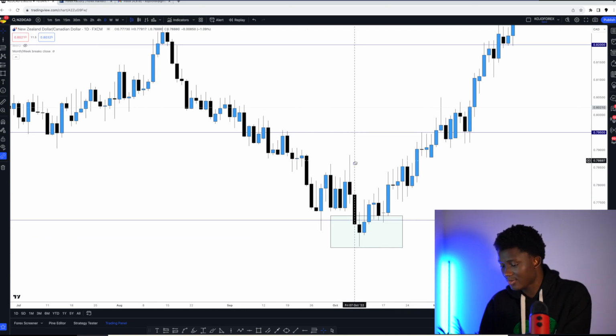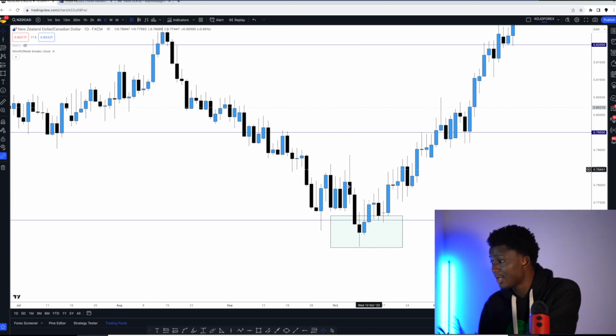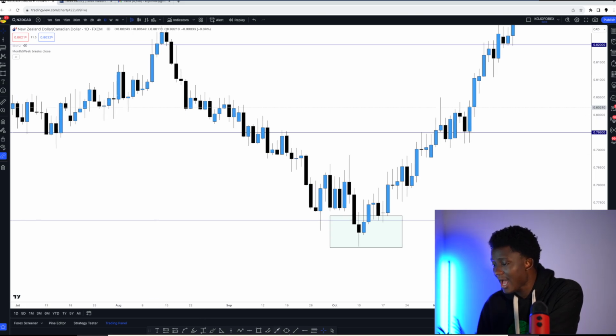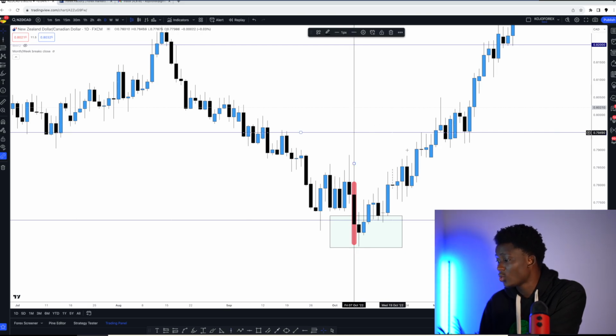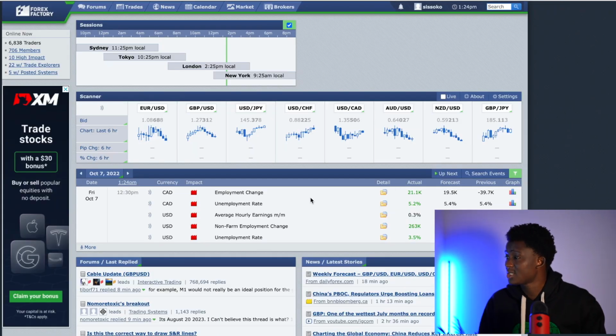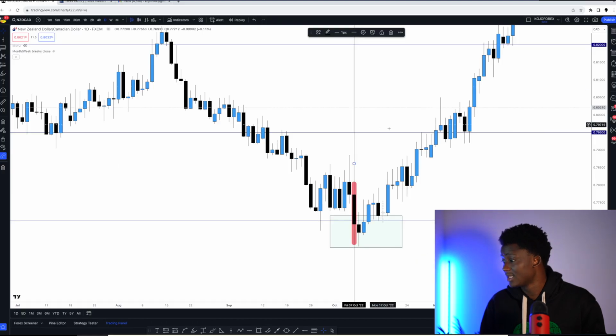You can see this candlestick right here. Let me just briefly remove this line here. You can see that on that date, we specifically have this candle dropping heavily in that same region, right? Now if I introduce back that line, that's on the 7th of October 2022, and Forex Factory tells us that it was a positive unemployment change that influenced that volatility or that movement.